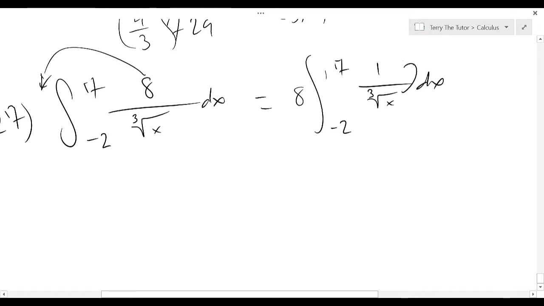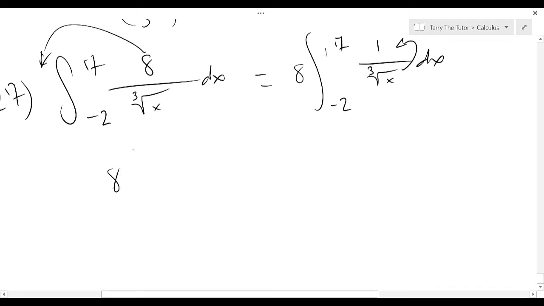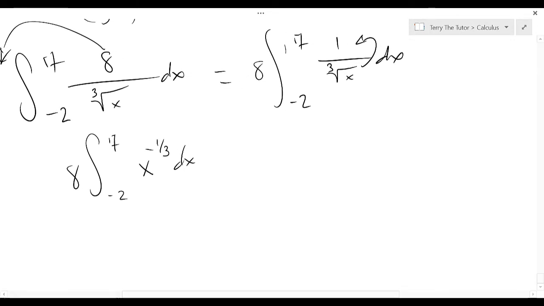I'm going to pull this up and change it into exponential form. So I have 8 integral, well, from negative 2 to 7 is how you say it, of x to the negative 1/3 dx. And now let's use our general power rule.